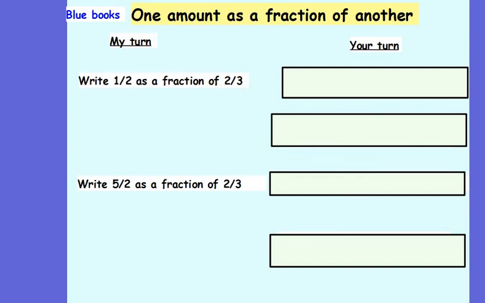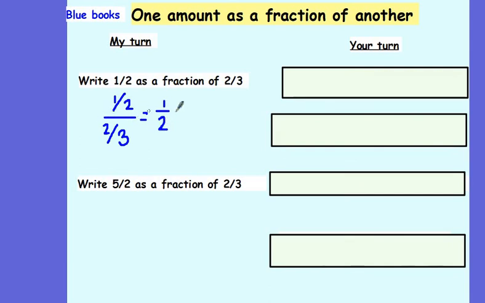Okay, Year 7, back into your dark blue books. I'm going to do a couple of examples and then you're going to do some. My first example, I've been asked to write 1/2 as a fraction of 2/3. So I've been asked to write 1/2 out of 2/3. I'm going to write this as a half.